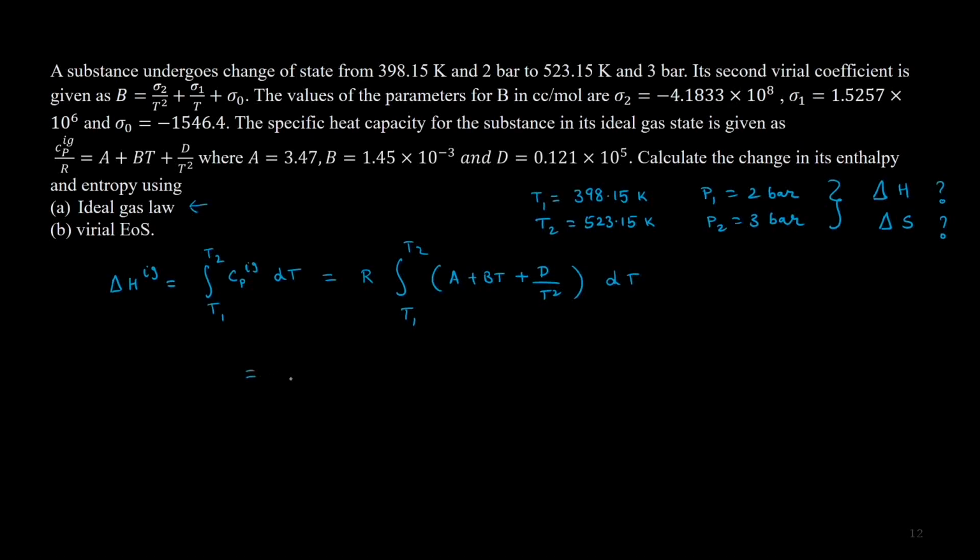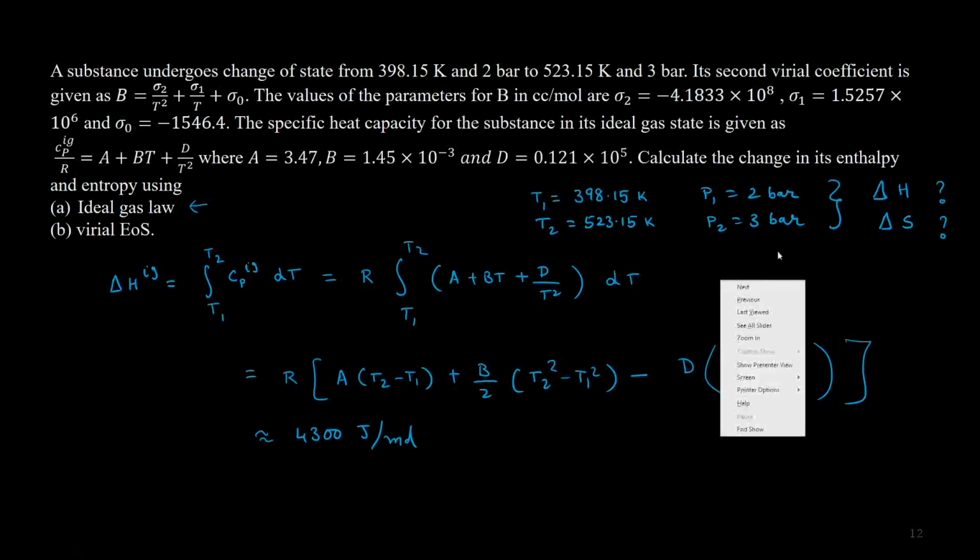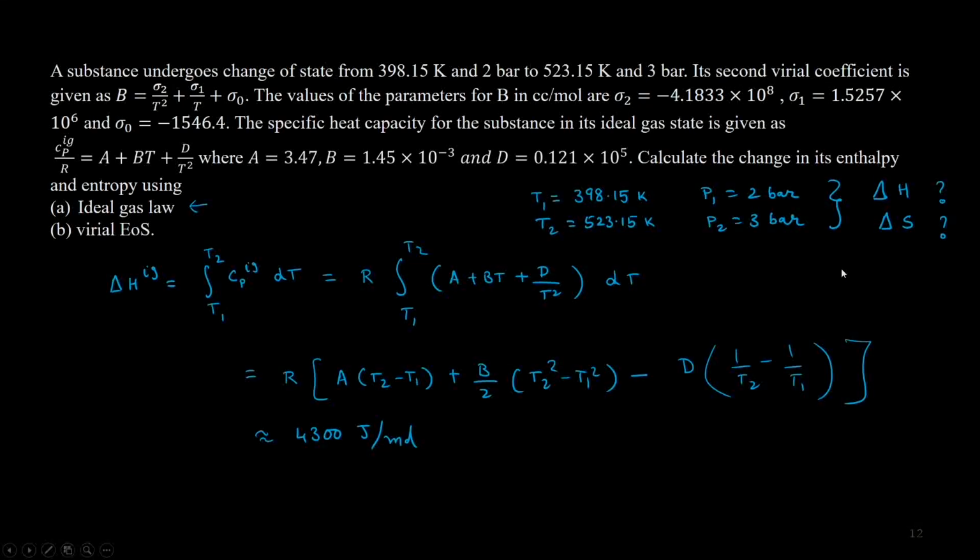And this value right here is R times A(T2 minus T1) plus B over 2 (T2 squared minus T1 squared) minus D(1 by T2 minus 1 by T1). Now if I simplify this equation, I can get the value of delta H ig. What I get is about 4300 joules per mole.